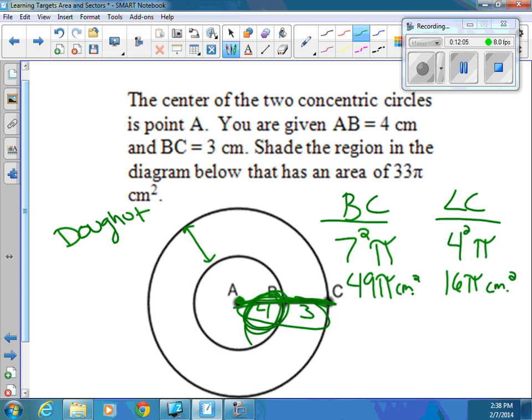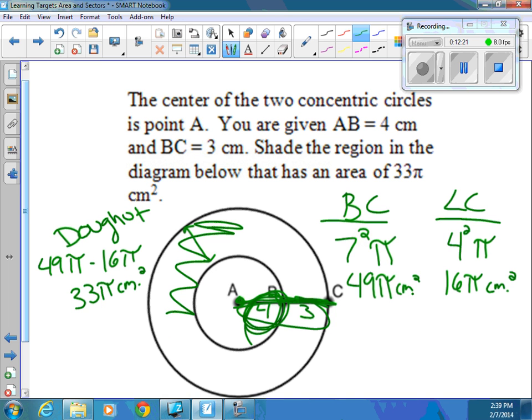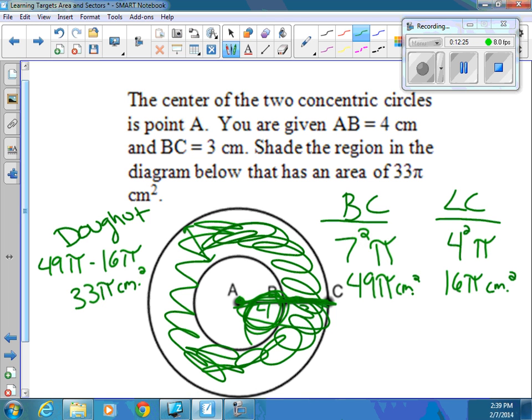Actually do the math to make sure, because if it's not, then you went wrong somewhere, and maybe one of those really was supposed to be the 33. Okay, so to find the donut, I subtract big minus little, and that does indeed turn out to be 33 pi centimeters squared. So then I would just click and shade in here. That's lovely. All right, we are done.